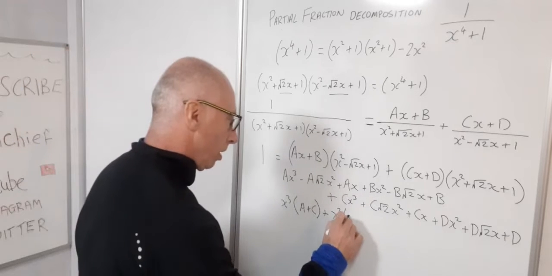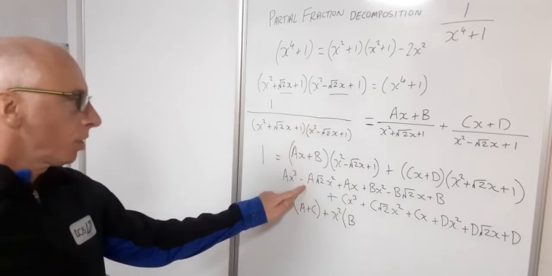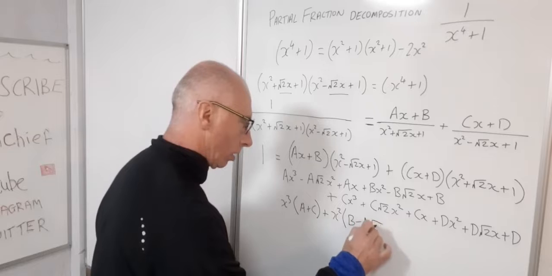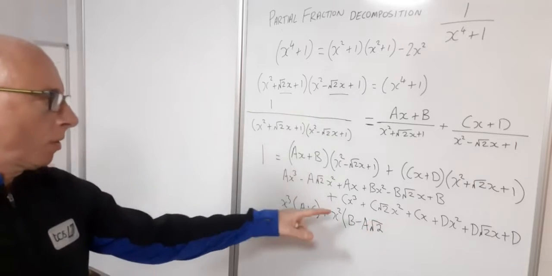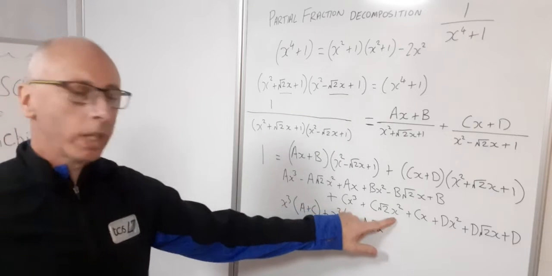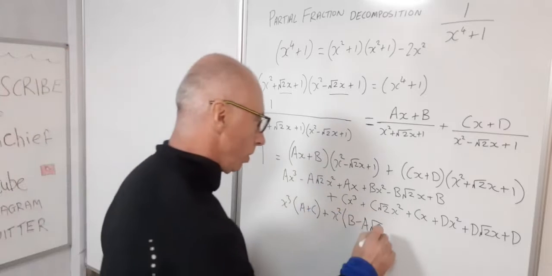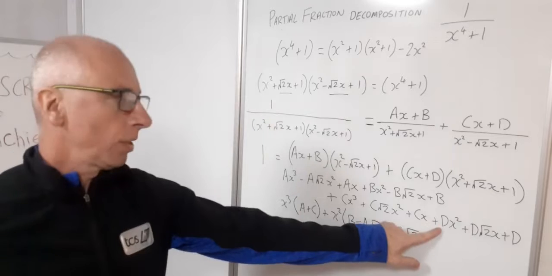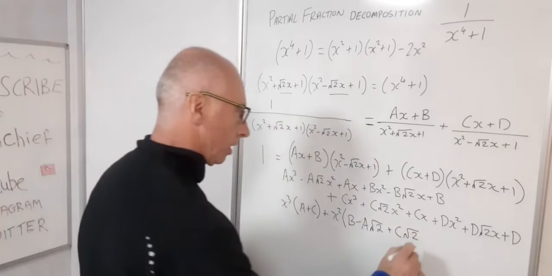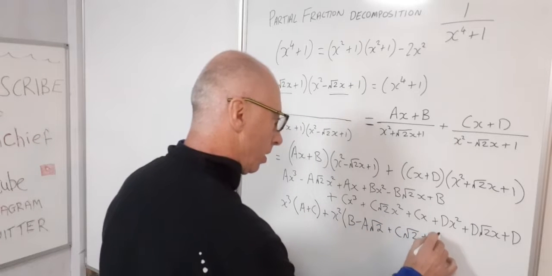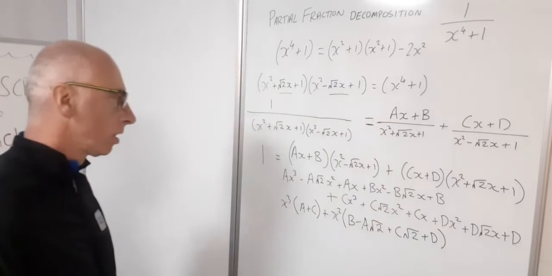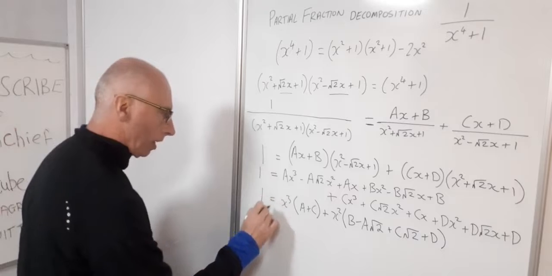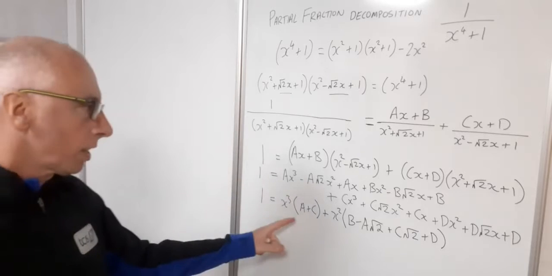So plus b, and then I can subtract a root 2. And that's not my only x squared term. I've got 2 more here. So plus c root 2, and another one here, which is plus d. So that's my x squared terms. So let's just put these lines here. I'm going to need these to try and keep things nice and clear.